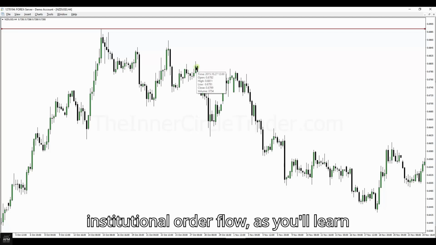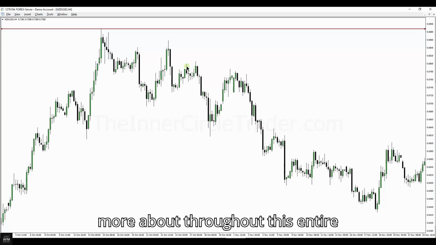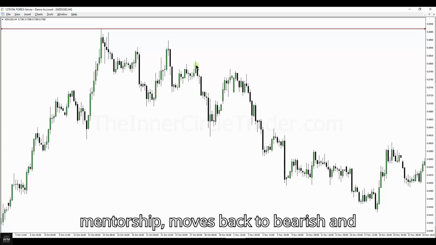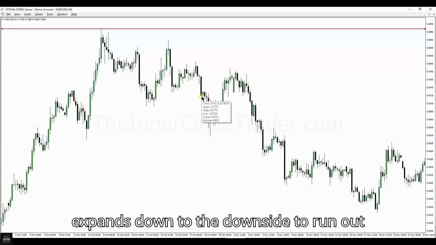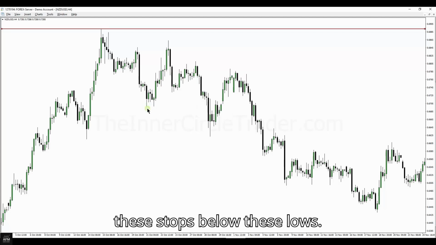So institutional order flow, as you'll learn more about throughout this entire mentorship, moves back to bearish and expands to the downside to run out these stops below these lows.